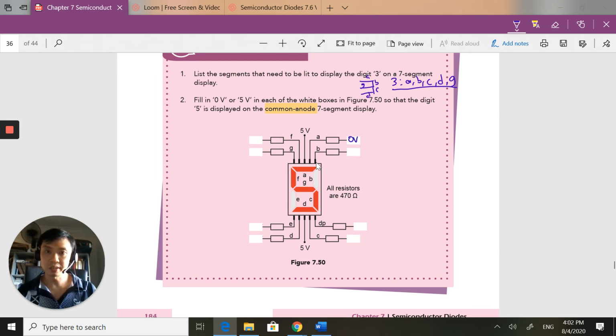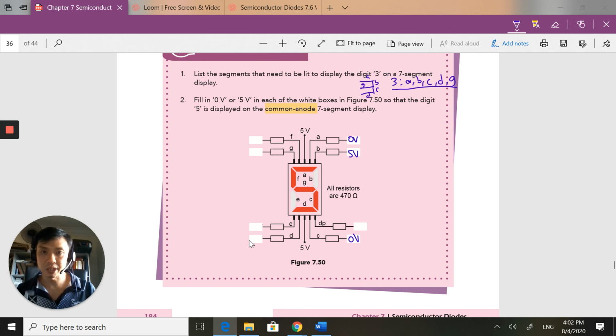Is B lit? B is not lit, so I'll put it to 5 volts. 5 and 5 has no potential difference, so current will not flow through B. Segment C is lit, so C, I will put it to, oops, sorry, confused myself. Segment C, I'll put it to 0 volts. What about D?